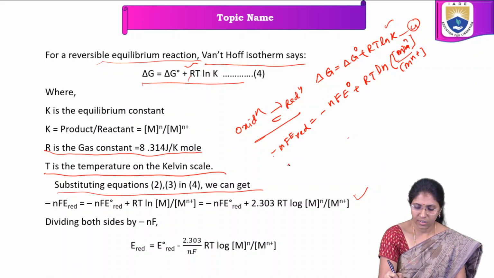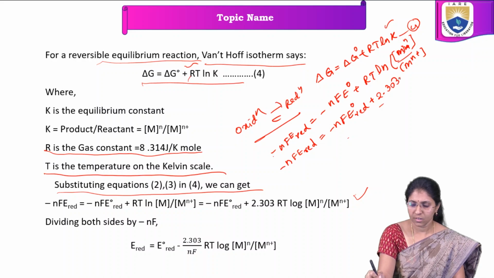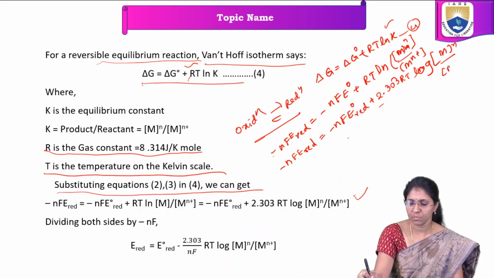So minus nFE reduction equals minus nFE naught reduction plus 2.303 RT log concentration of metal by concentration of metal ion.